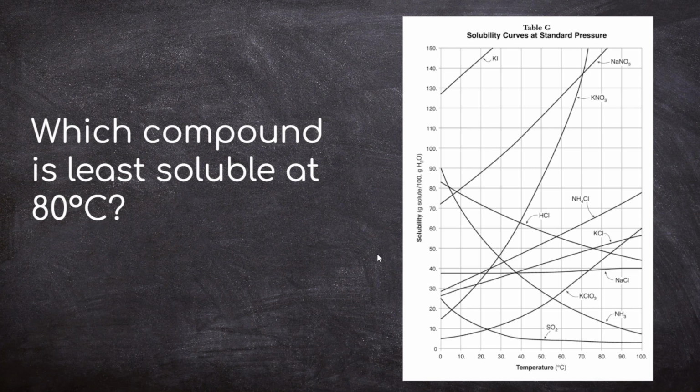Another question we might ask is, which compound is least soluble at 80 degrees Celsius? If we go to 80 degrees Celsius and go up, it would be the first line we hit because that will have the least amount dissolved in 100 milliliters of water. And so that line is the line for sulfur dioxide.